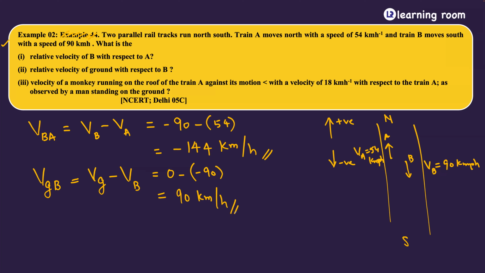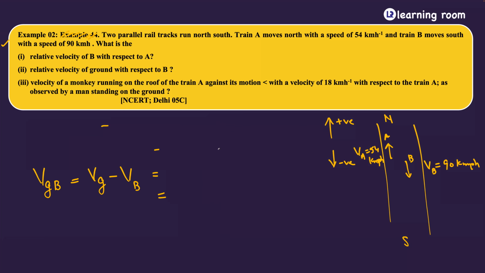Okay, listen. So there is a monkey running in this direction. So velocity of monkey with respect to A is how much? 18. Okay, it is going to be 18 km per hour.